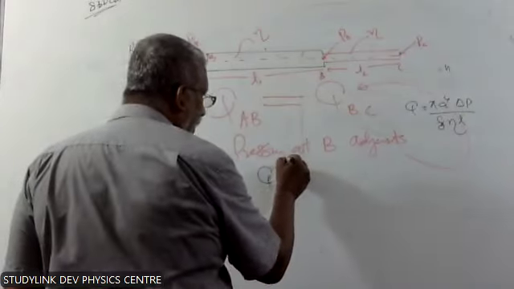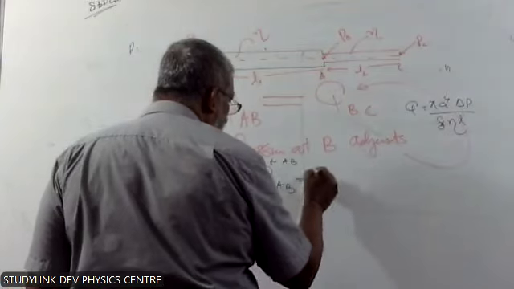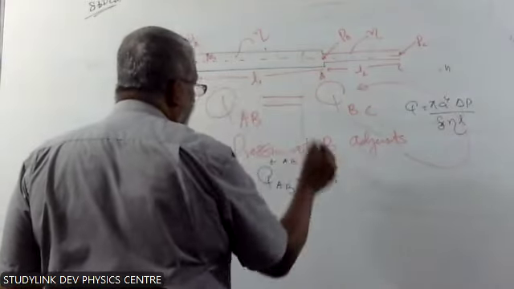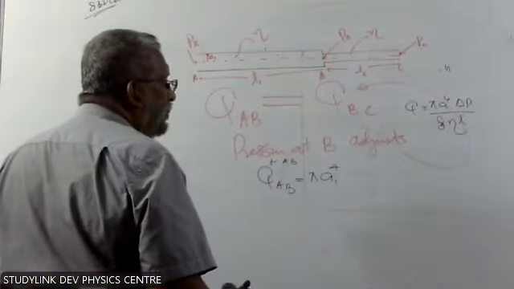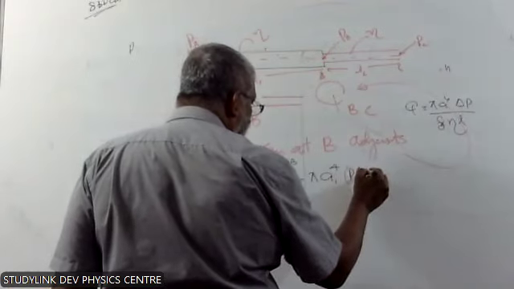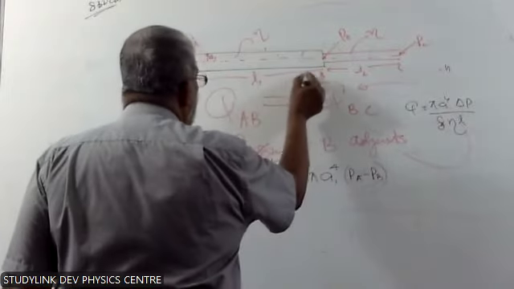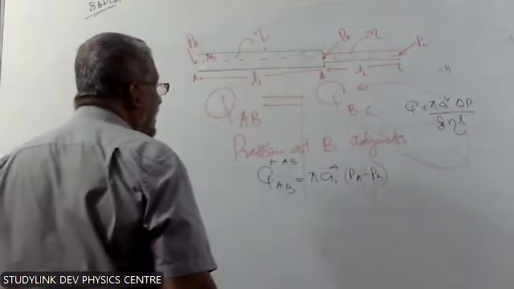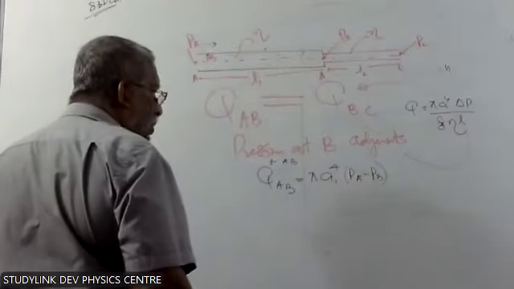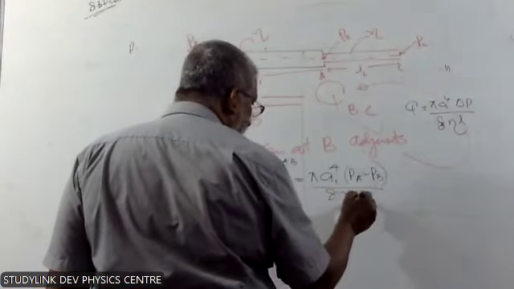For AB, QAB is equal to pi A1 to the power 4 delta P, that means PA minus PB, because it flows from higher pressure to lower pressure, divided by 8 eta L1.